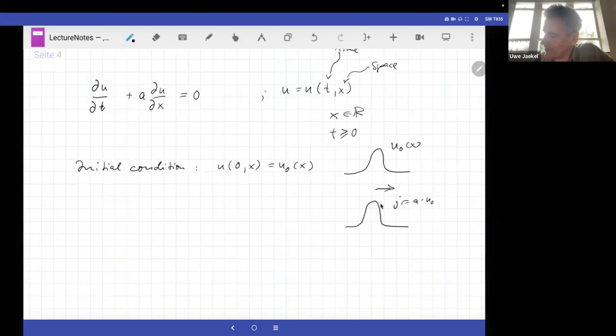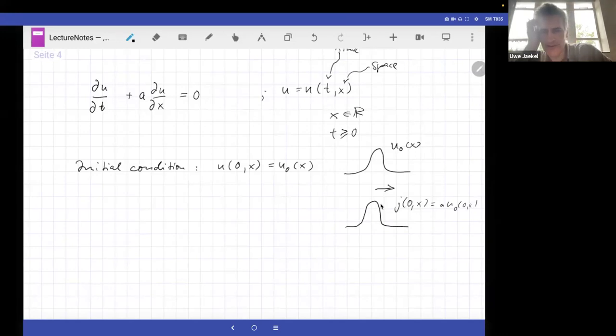That will be the flow at time 0 and position x.